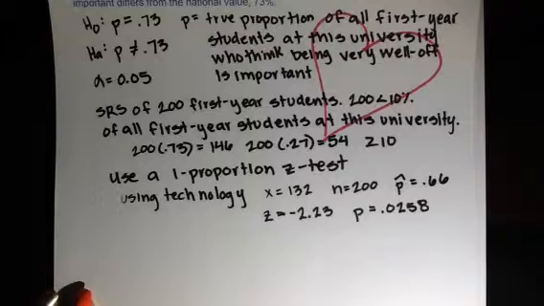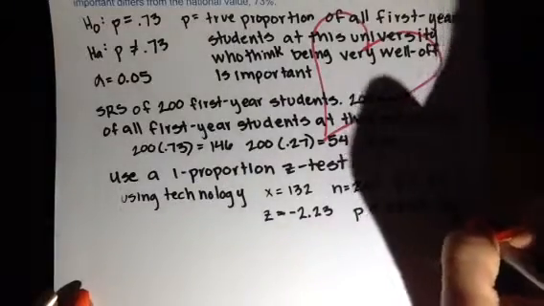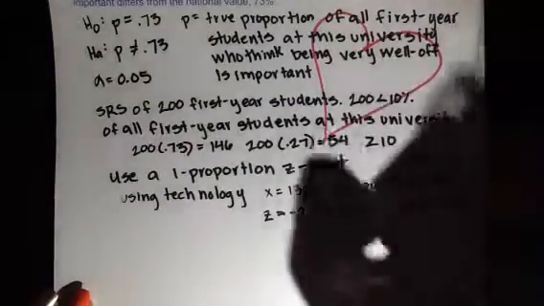So I'm writing down everything I put into the calculator and what I got out of the calculator. Now notice that 0.0258 is less than 0.05, so we would reject our H0.